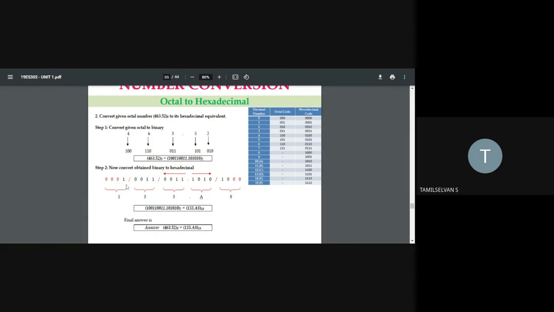So 0001 is equivalent to hexadecimal number 1, and 0011 is 3. This is also 3. 1010 is A, that is 10. Then 1000 is 8. So I can easily combine with this hexadecimal equivalent.